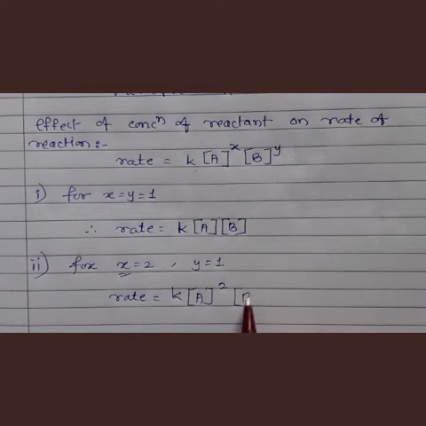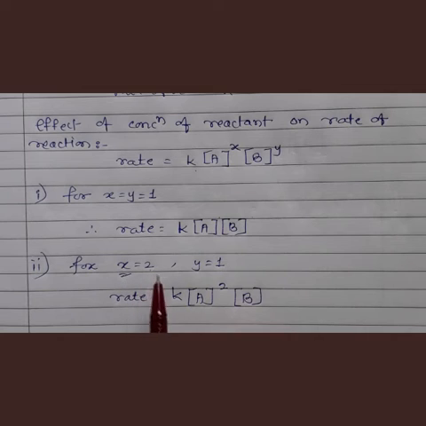Okay. And for the concentration of B, y is equal to 1, so it will remain as it is. Understand? So this is the rate law for x equal to 2 and y equal to 1. Rate of reaction is equal to the proportionality constant multiplied by concentration of A raised to the power 2, concentration of B raised to the power 1.